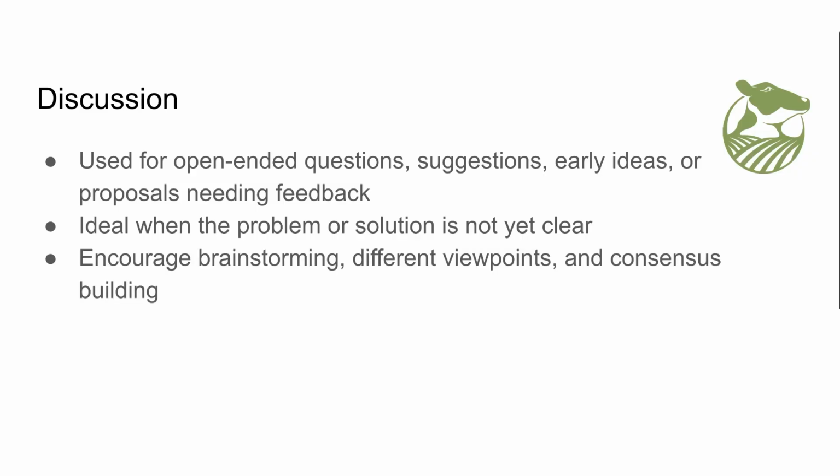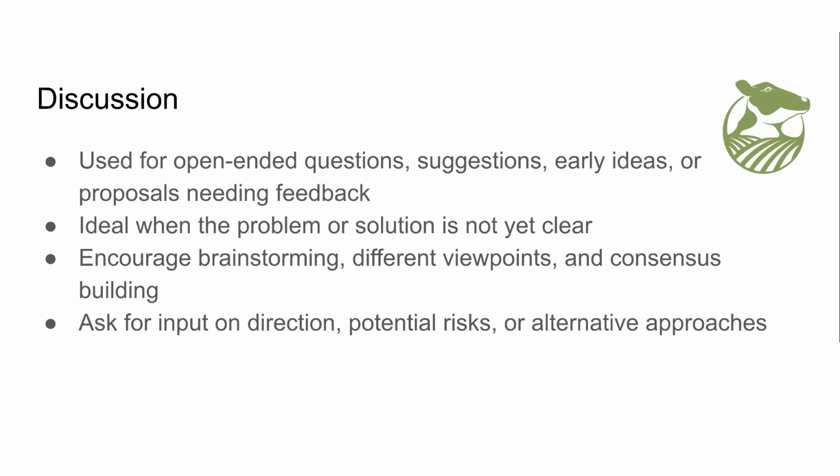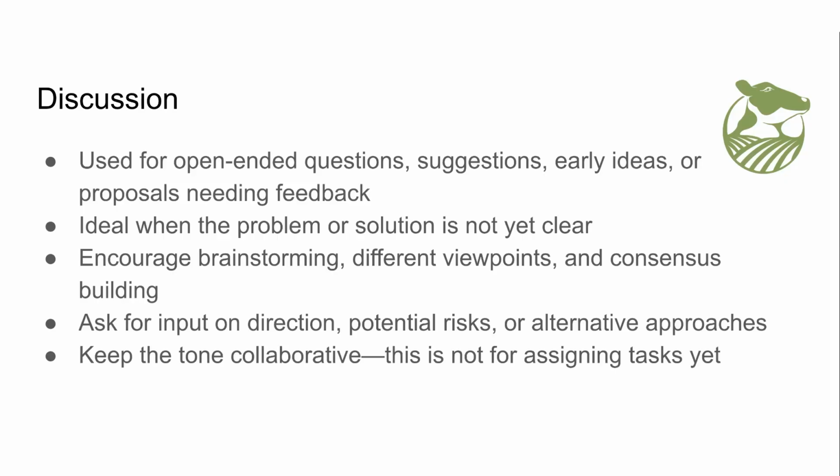The purpose is to encourage brainstorming, different viewpoints, and consensus building. You should use it to ask for input on direction, potential risk, or alternative approach. Crucially, keep the tone collaborative. This is not for assigning tasks yet, so think of a discussion as the exploratory phase.